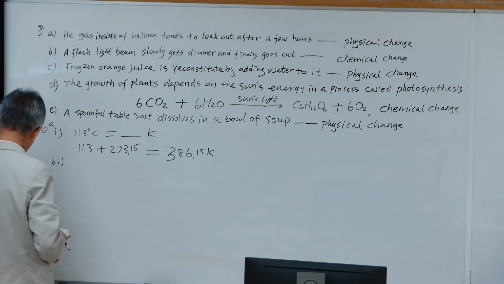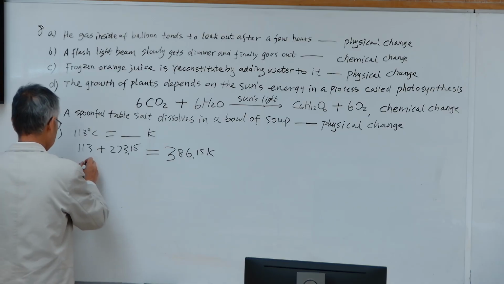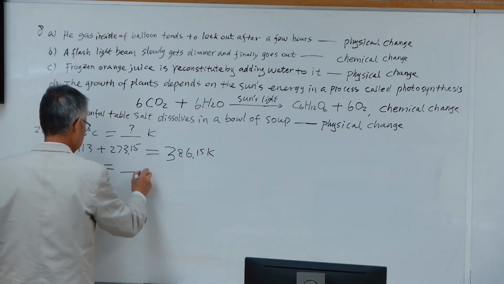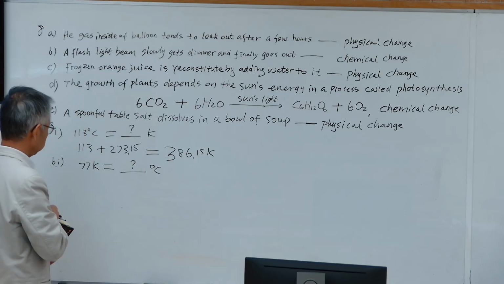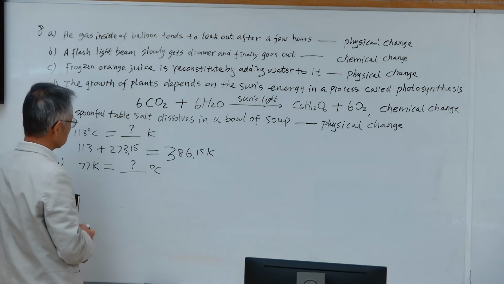B is from Kelvin back to Celsius: 77 K. From Celsius to Kelvin is plus 273.15.